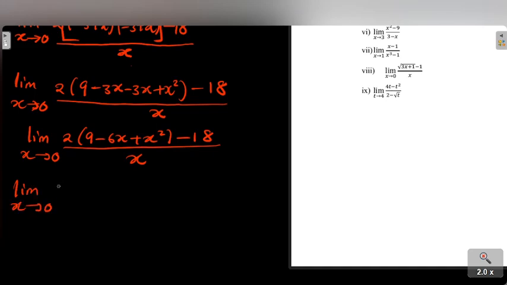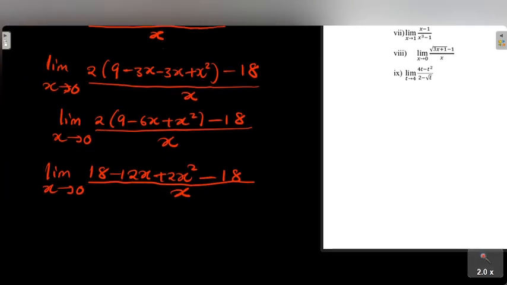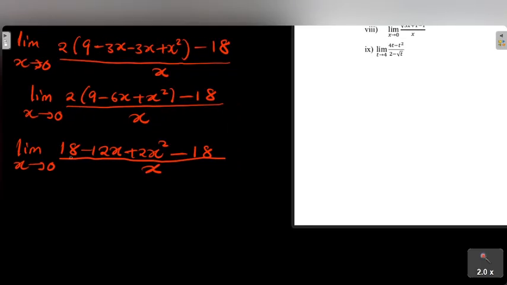We have 2 times 9, that's 18. You multiply. Then 2 times negative 6x, that's negative 12x. Then 2 times x squared is 2x squared. Minus 18 there. Then we divide by x. Now we can see that 18 can cancel with that negative 18.